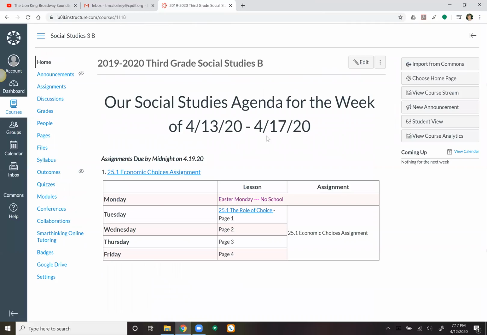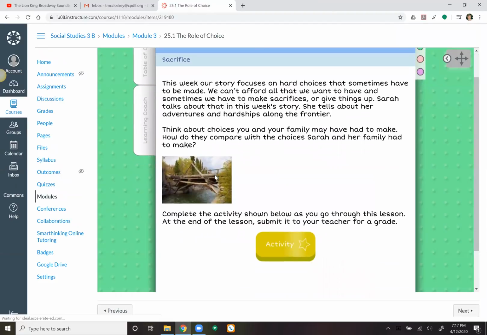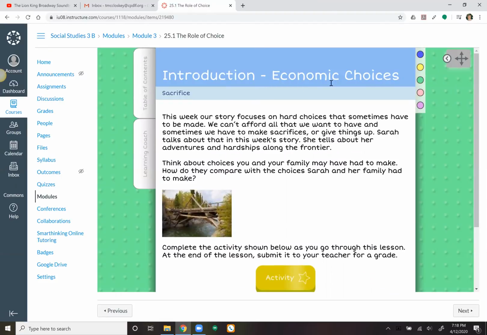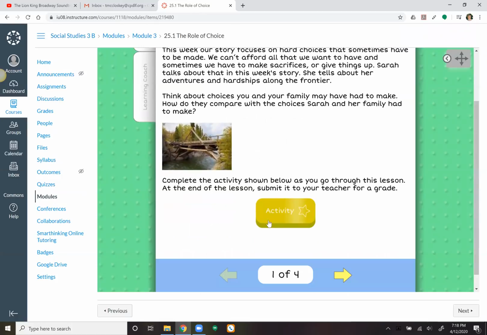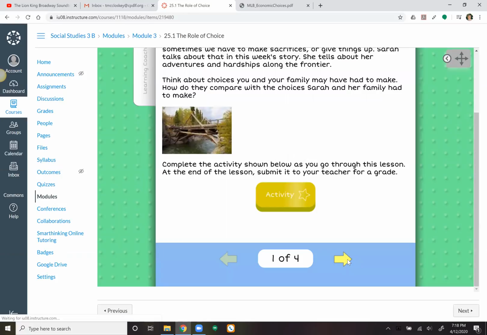Social studies, since we're changing it up and so exciting. You will do page 1 on Tuesday, then 2 Wednesday, 3 Thursday, 4 Friday of the role of choice, and then you will turn in the worksheet for your assignment for the week. So, introduction, economic choices. You will read through this and open up your activity. This is what you will be turning in.